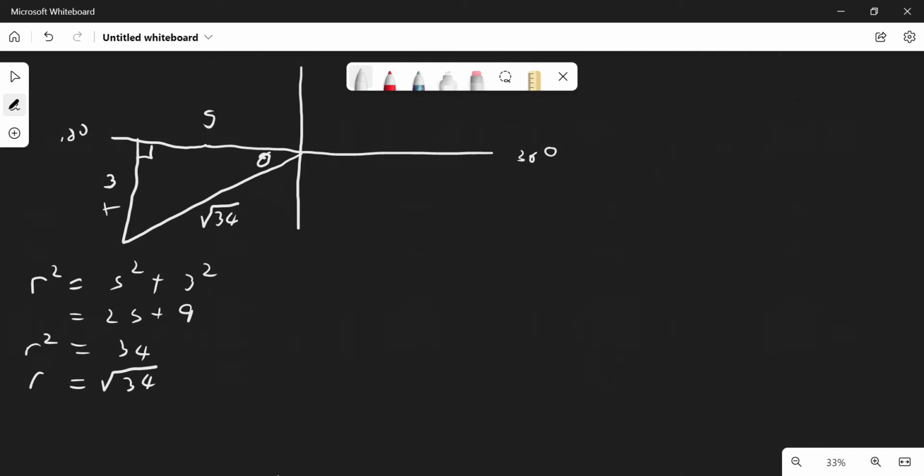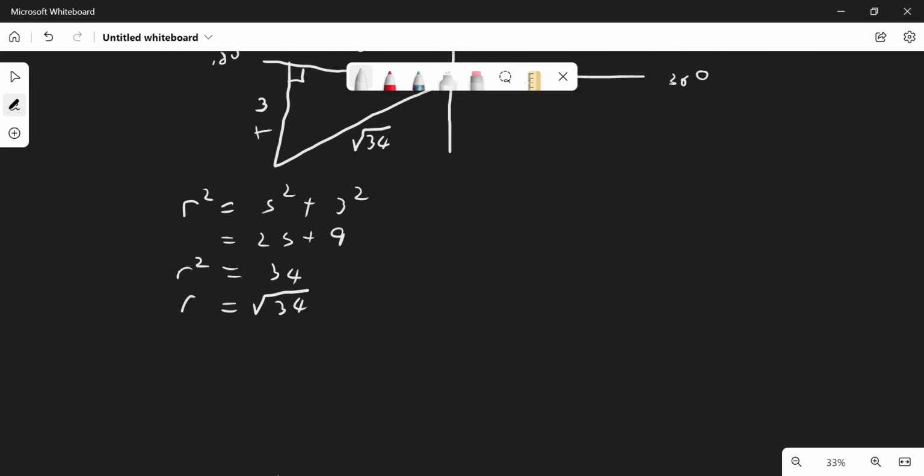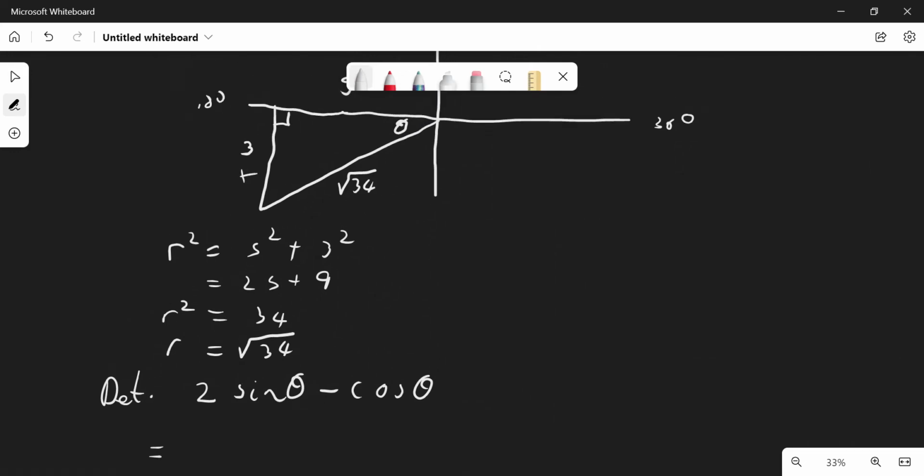The question tells us to determine 2 sine theta minus cos theta. So what's our sine theta? We're going to say 2 times whatever our sine theta is.